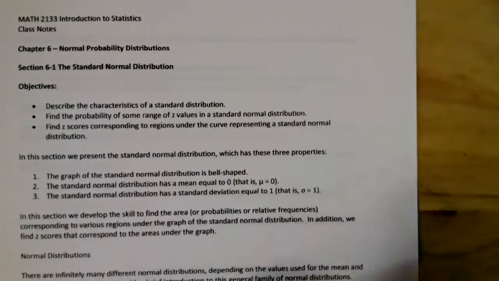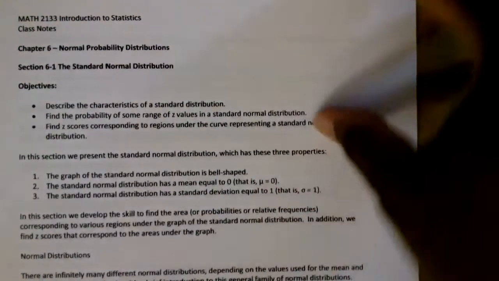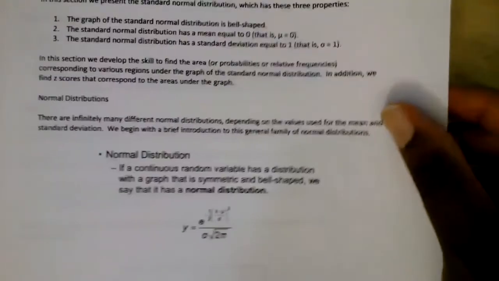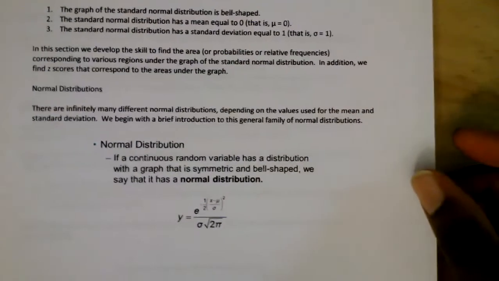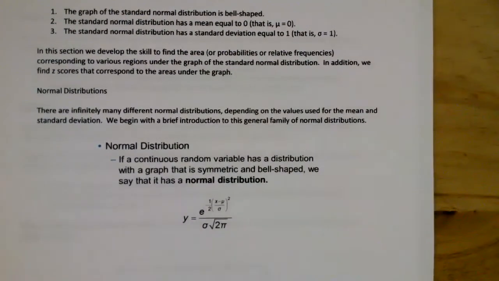All right, now let's talk about normal distributions. In this section, we'll develop the skill to find the area or probabilities of relative frequencies corresponding to various regions under the graph of the standard normal distribution.